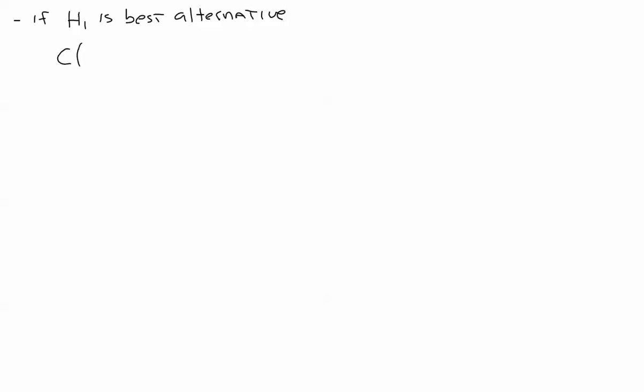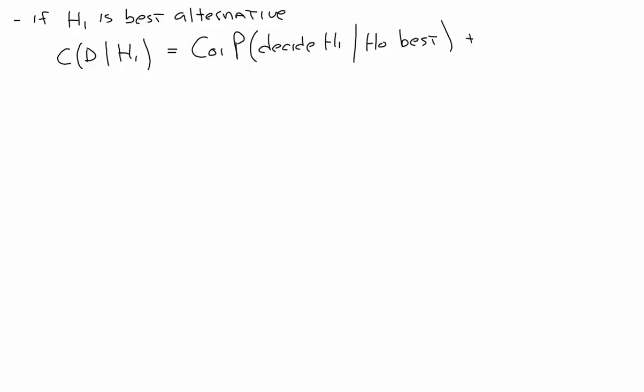The cost of making a decision, given that H sub 1 is the best alternative, equals C sub 0,1 times the probability that we decide H sub 0, given that H sub 1 is best, plus C sub 1,1 times the probability that we decide to pursue alternative H sub 1, given that H sub 1 is actually best.